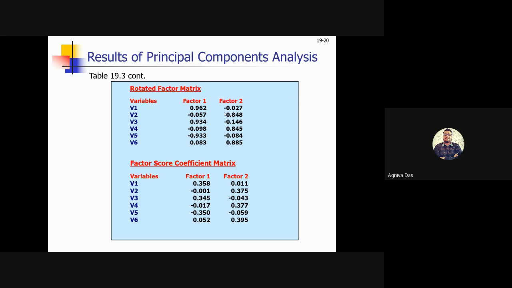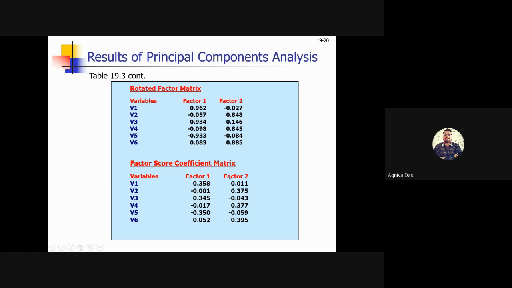Now the same for the coefficient matrix. The coefficient matrix is basically the model. So how does this model take place? If I want to make factor 1, then F1 is equal to 0.358 multiplied by V1 minus 0.001 multiplied by V2 plus 0.345 multiplied by V3 minus 0.017 multiplied by V4 minus 0.35 multiplied by V5 plus 0.052 multiplied by V6.